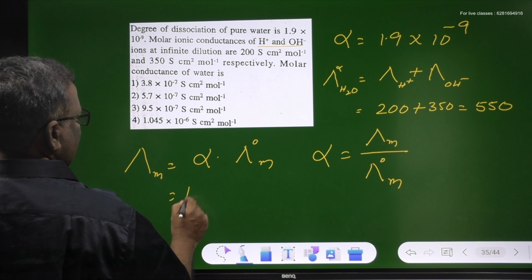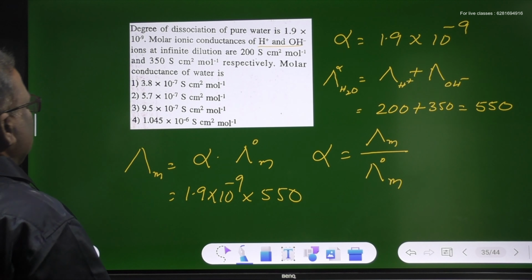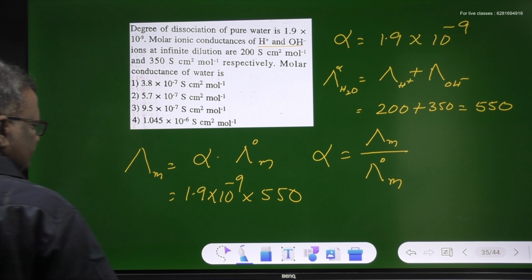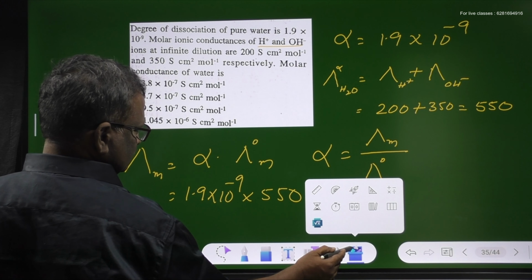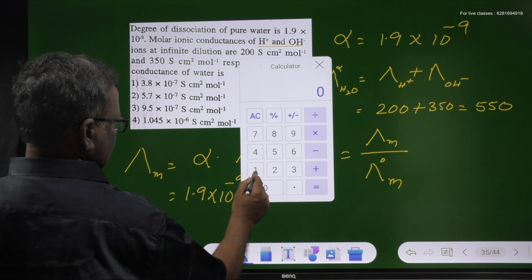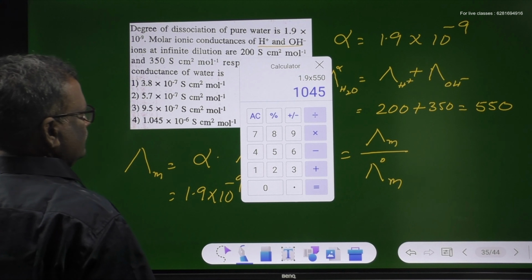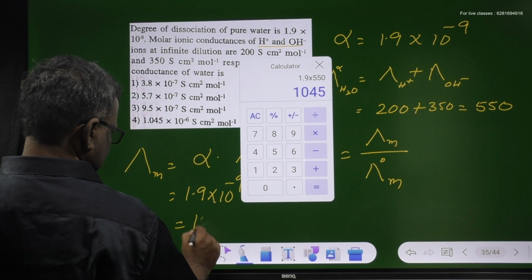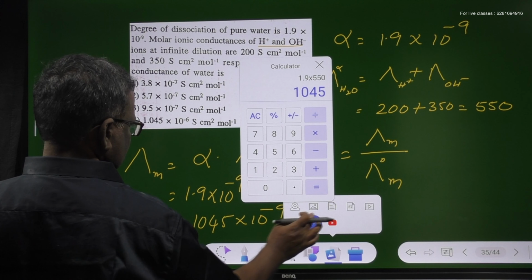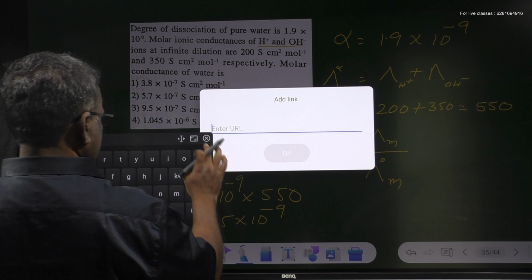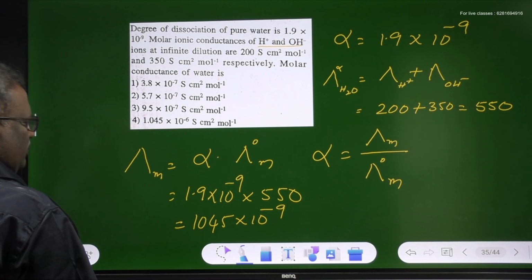That means 1.9 into 10 to the power minus 9 into 550, which is 1045 into 10 to the power minus 9.